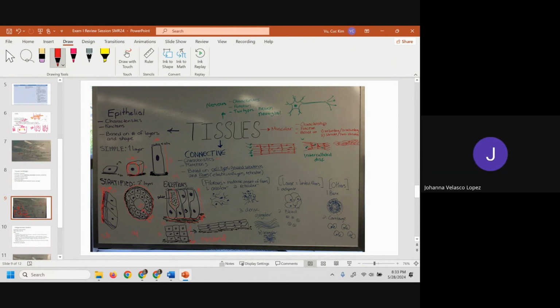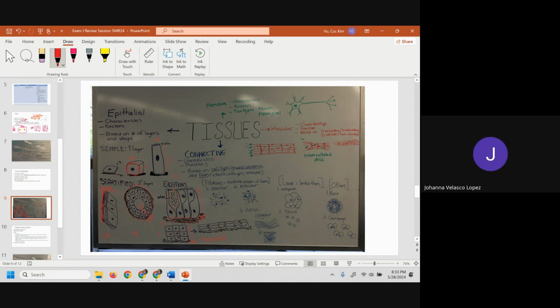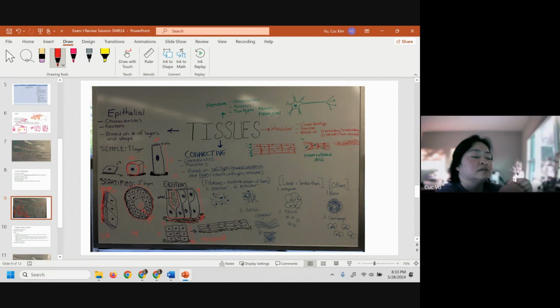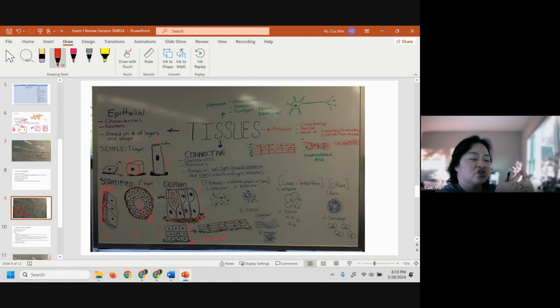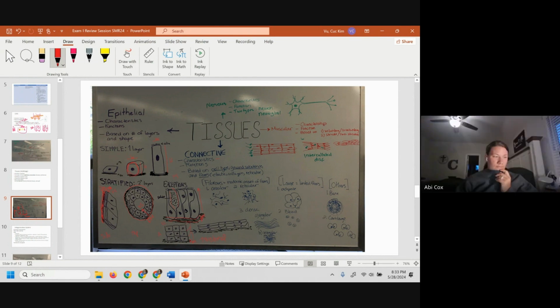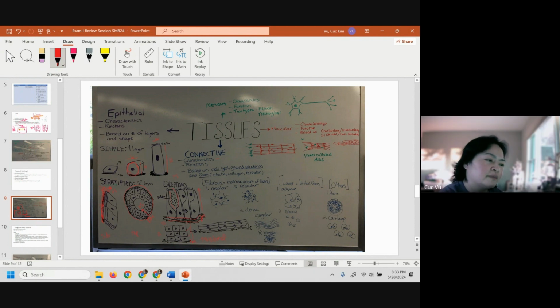There are three main types of fibers. One is really strong. What's the strong one? Collagen, or collagenous, yeah. One is very flexible. Which one's that? Elastic. Elastin. Yep. And one creates kind of like a mesh. Reticular. Very good. Perfect.